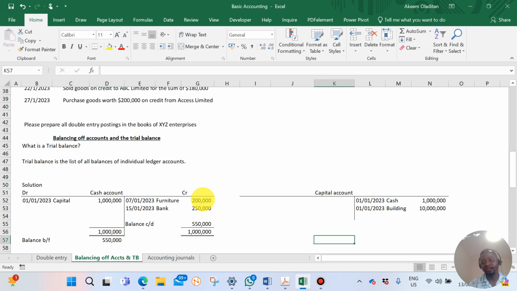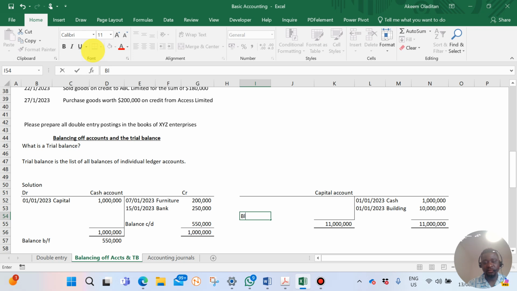So let's go to the capital account. On the capital account, we have only transactions on the credit side. We can sum it like we used to do, and put the same value. Here there's no other transaction, so you just say balance carried down, because there are no transactions.